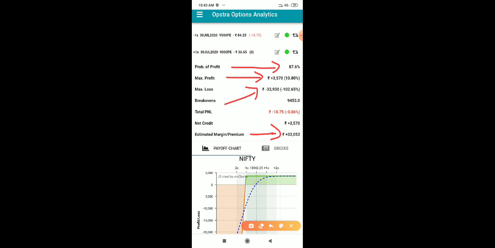No need to worry about huge max loss. We will keep a strict stop loss at 9,500. Actually, our breakeven is 9,450. We will keep stop losses at 9,500.